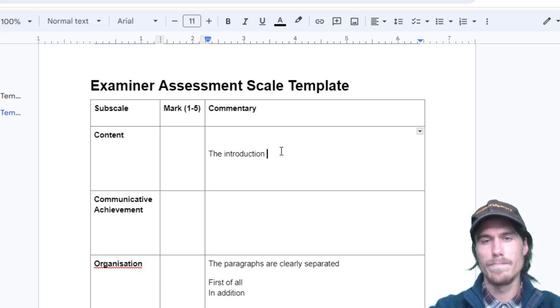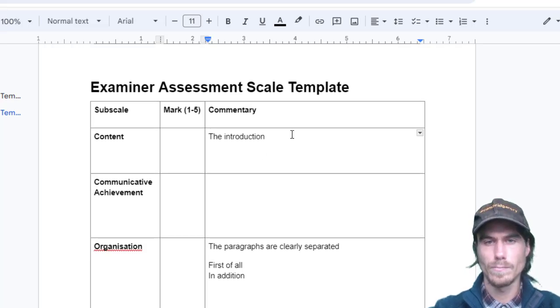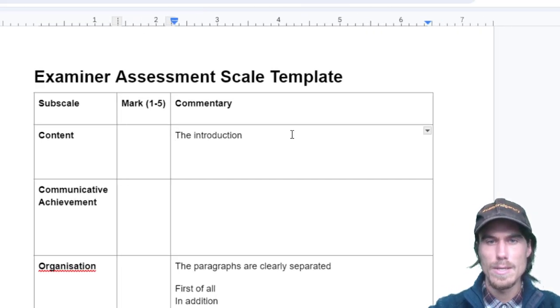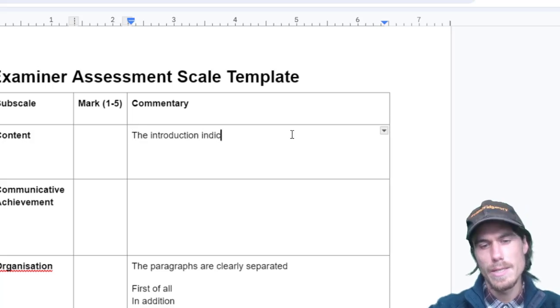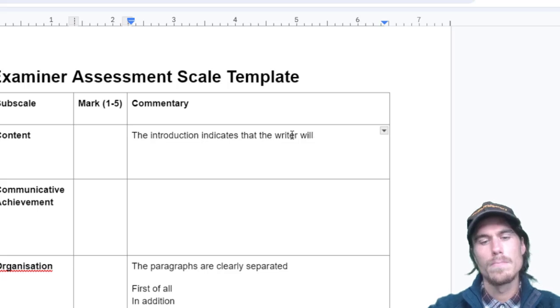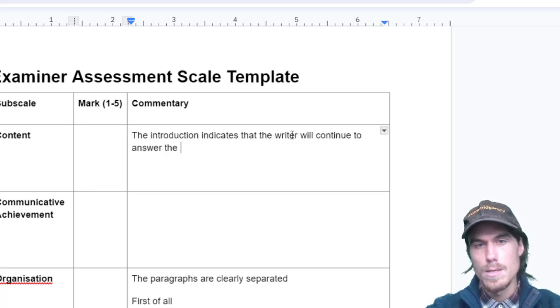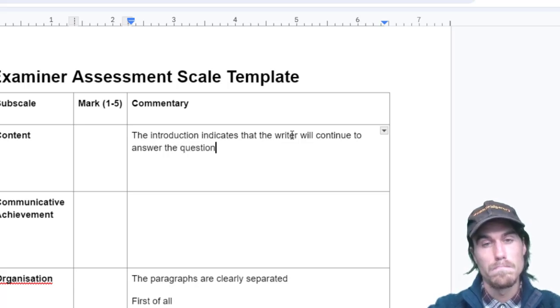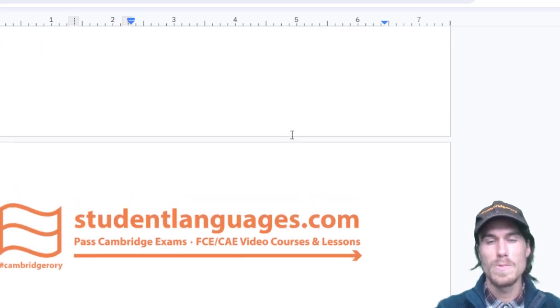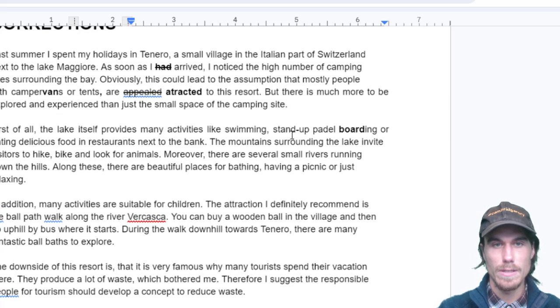The introduction indicates that the writer will continue to answer the question. Yeah, it's based around the question introduction, which is good.